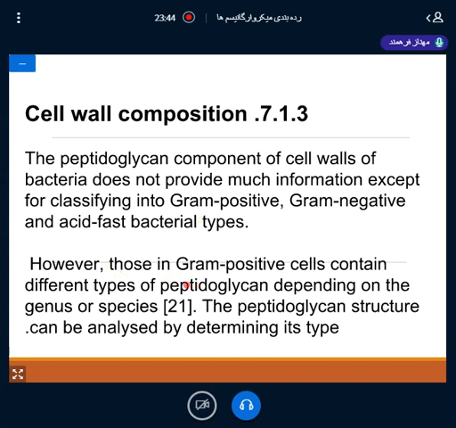However, those in gram-positive cells contain different types of peptidoglycan depending on the genus or species. The peptidoglycan structure can be analyzed by determining its type.